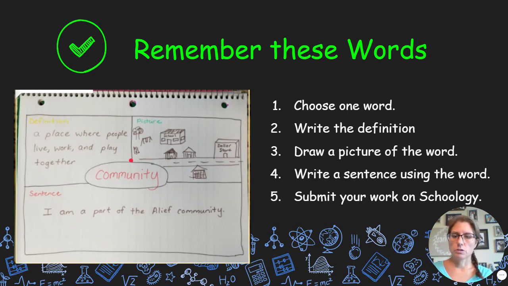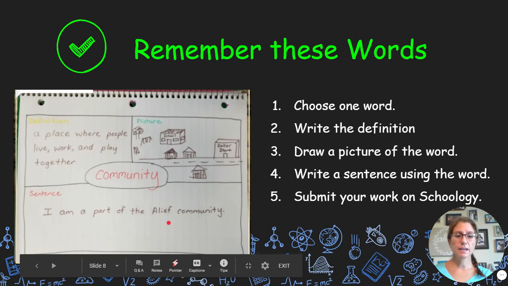And I touched my circle in the middle, pulled up to the edge of my square, touched my circle on the other side, pulled up to the other side of my square, touched my circle in the middle, and pulled to the other side. It gave me 3 parts. 1, 2, 3. Then I wrote the definition, and I drew this picture of my community.